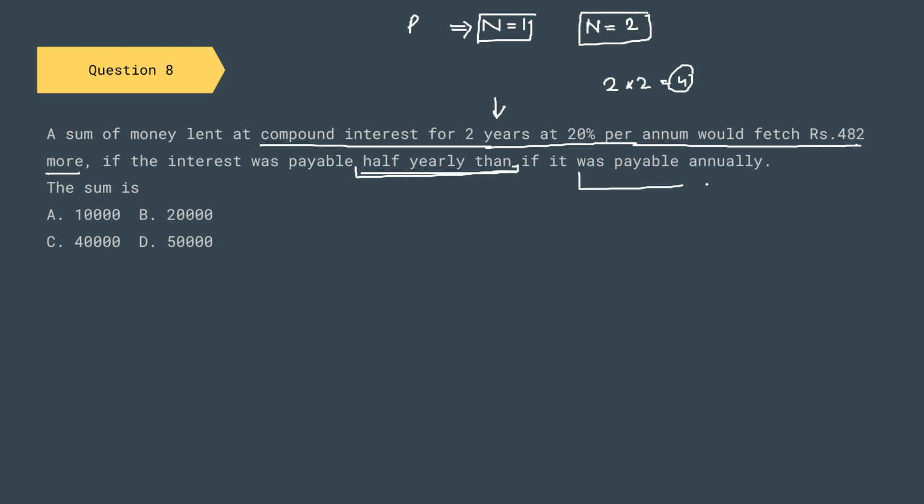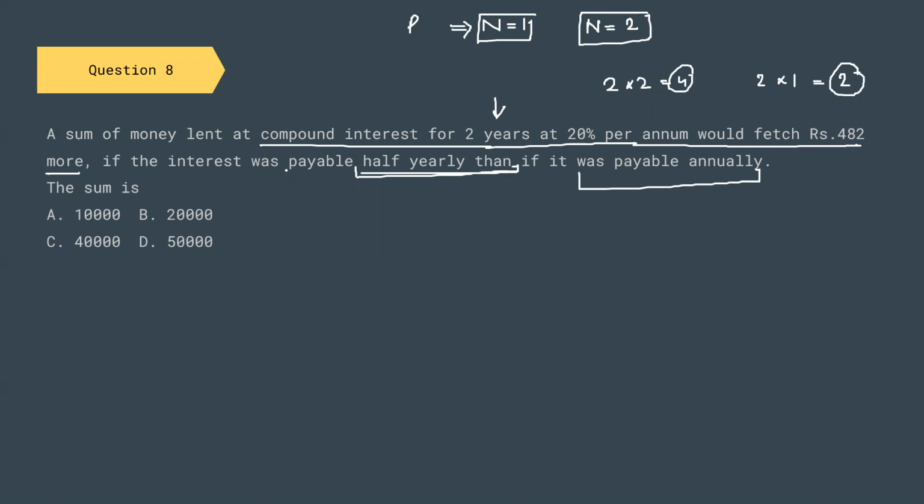If it was payable annually, that means for 2 years, it will be compounded only once every year. So the number of installments will be 2 here. So this is the significance of n. Let us first calculate our different amounts.